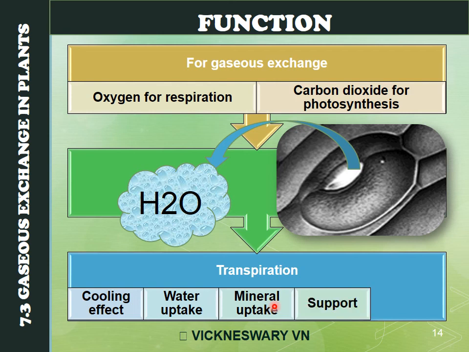We find that the presence of water in the xylem of the plant as well as into the cytoplasm of the cells will help to function as support for mainly herbaceous plants, and of course provide cell turgidity. So these are the functions of stomata.